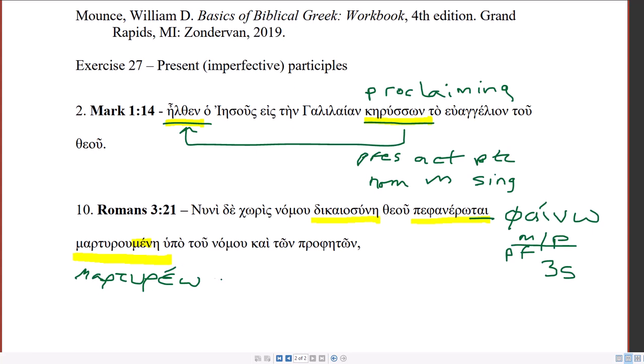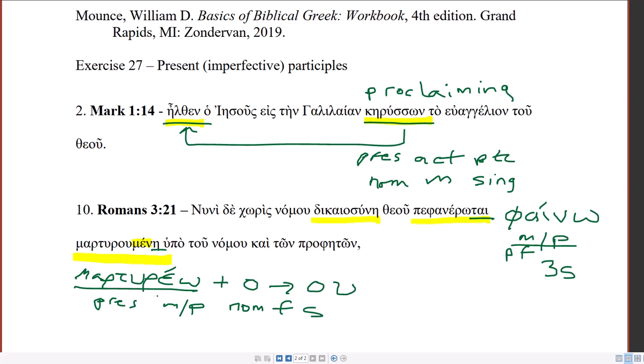So we have the contract vowel epsilon bumping up against the omicron connecting vowel, and that's giving us the contract u, omicron upsilon. So this is present tense. That's a present middle passive participle from martyreo. Looks like it's going to be passive here. And then the ending is an eta. So this looks like it's going to be nominative feminine singular.